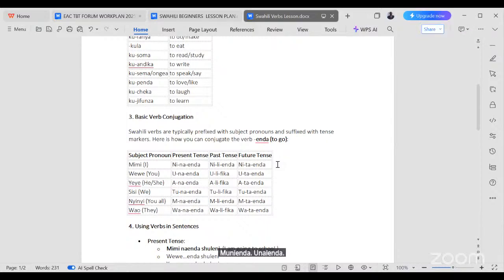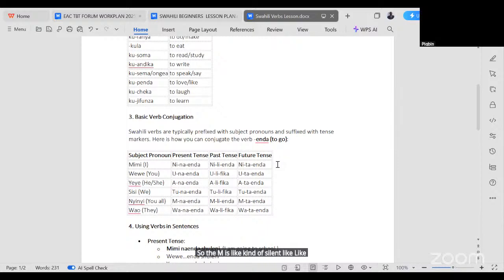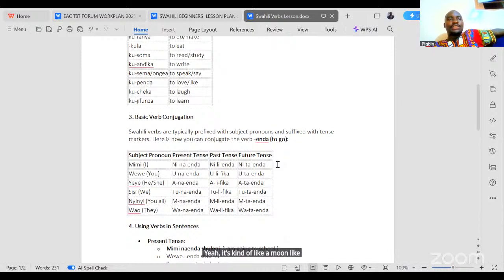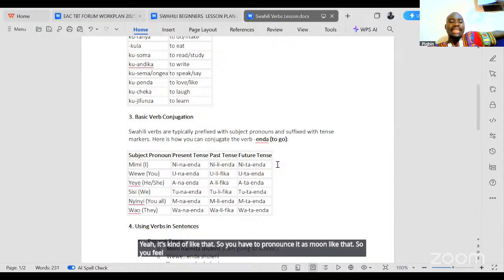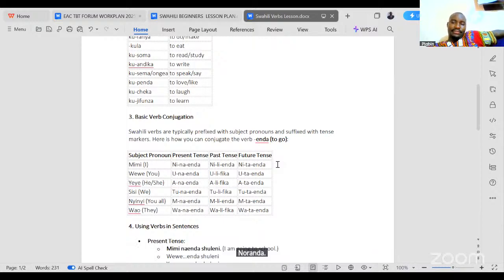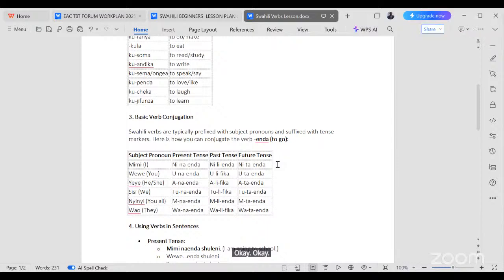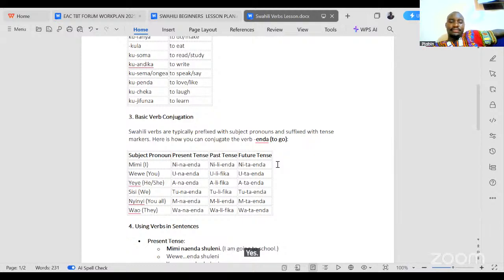Yes, "mnaenda." So the M is kind of silent, it comes out like that. So you have to pronounce it like that. Okay, "mnaenda."